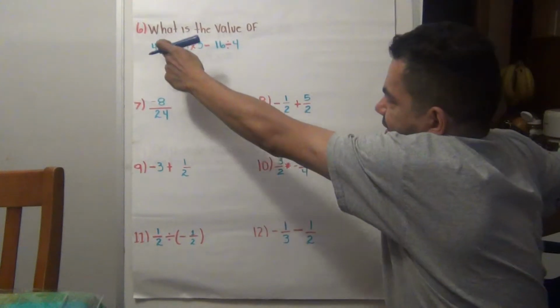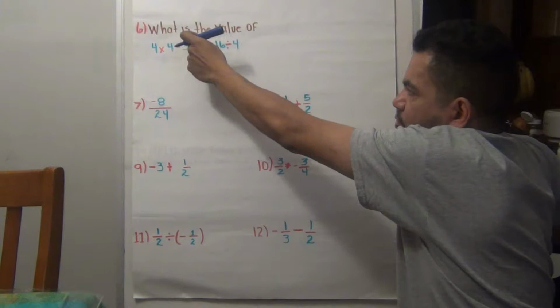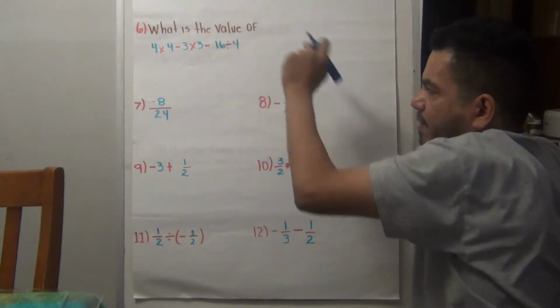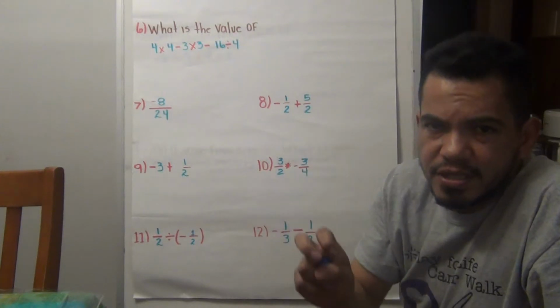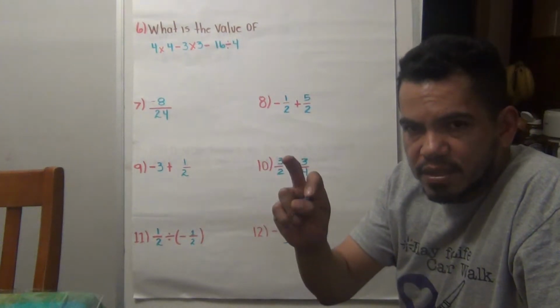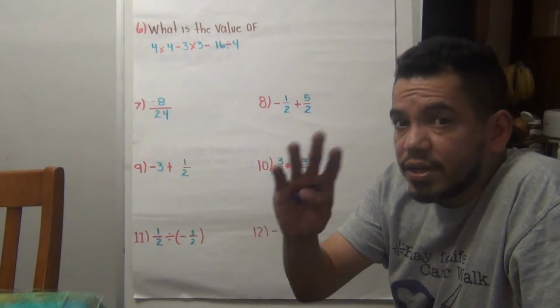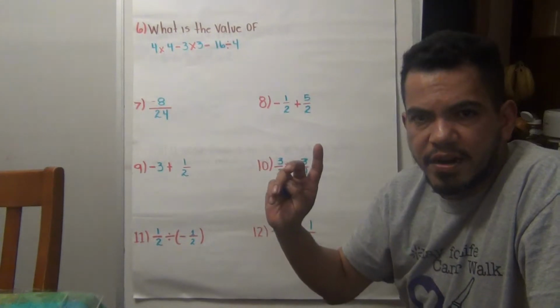So, let's see now. What is the value of 4 times 4 minus 3 times 3 minus 16 divided by 4? According to the so-called order of operations, PEMDAS, we should do parentheses, exponents, then multiplication and division. It doesn't mean that you're going to do multiplication first and division later, or division first.